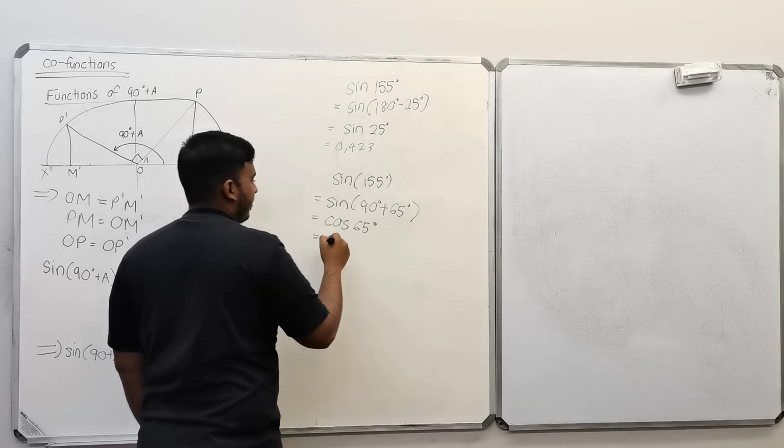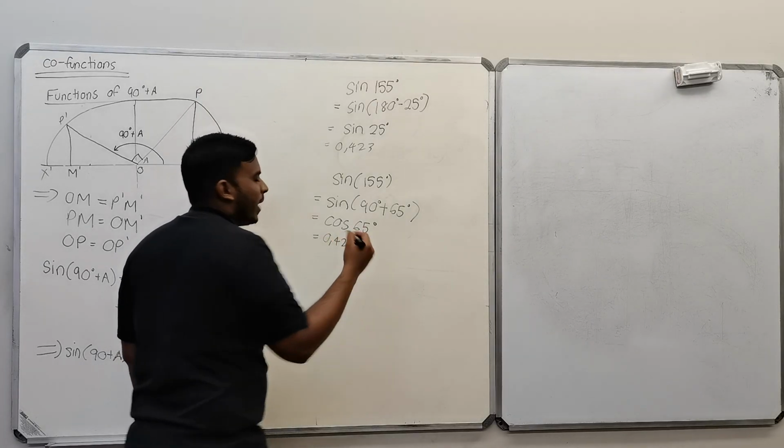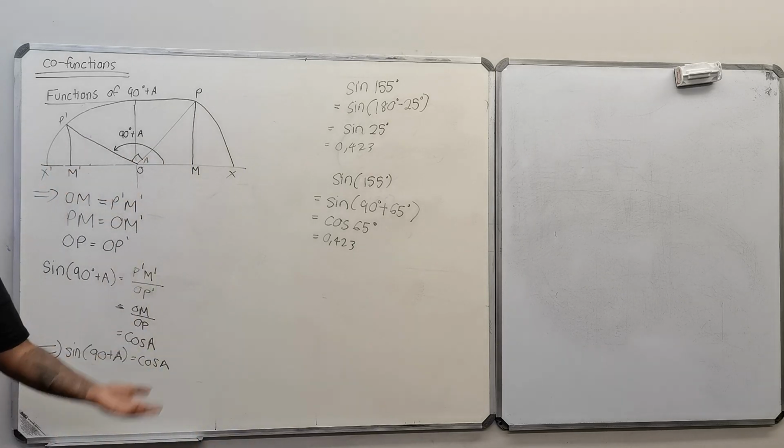Same. Same. Now you may be wondering what is the need to do this, because we can always use 180 minus, right? In certain simplifying questions, you could need to get everything the same. In simplifying questions, you're going to try and get everything to the same, like all are going to end up cos, or all are going to end up sine, all are going to end up tan, right?